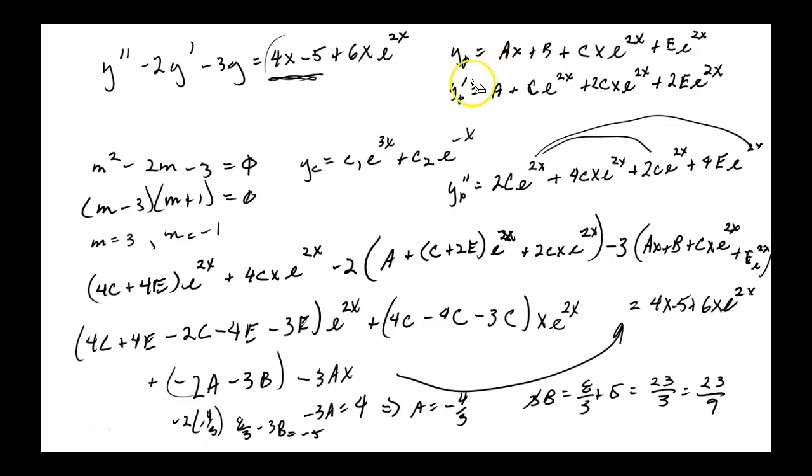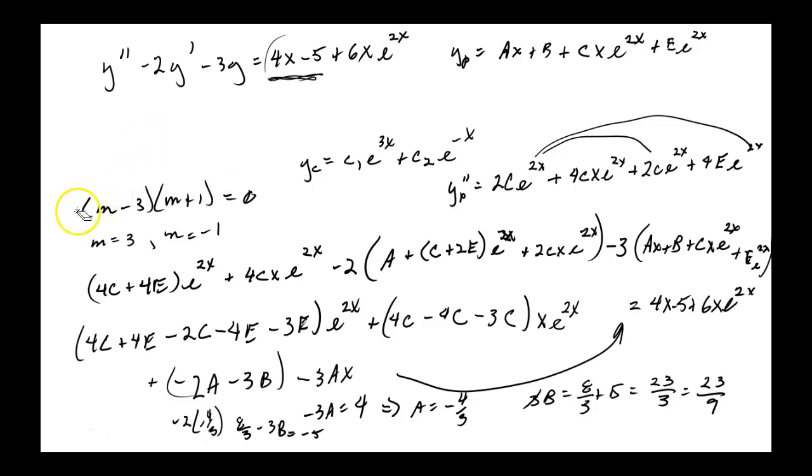I don't think we need this one anymore. And we may not need the one above it either. Oh, we do. I think we do. So let's just get rid of this one. Okay. And we don't need this one anymore. But we do need our complementary solution, although let's not mess with that. We don't need that anymore, or those anymore. We've already dealt with those. And we don't need this one anymore, so we've already dealt with that one.